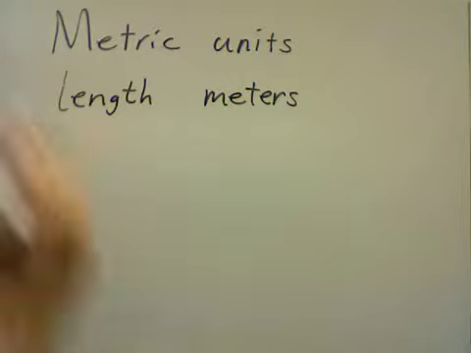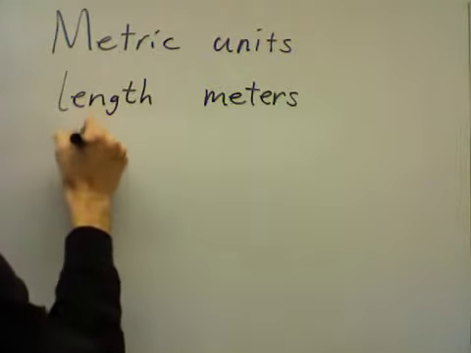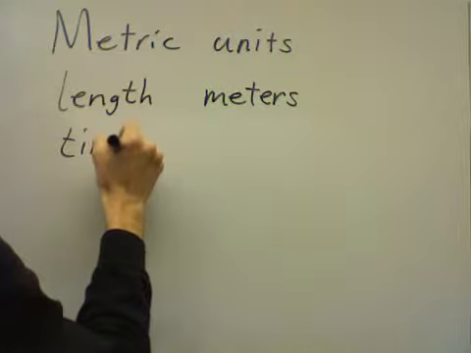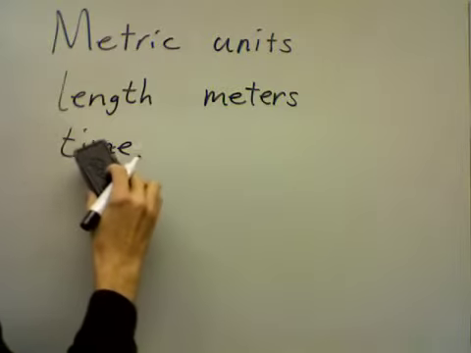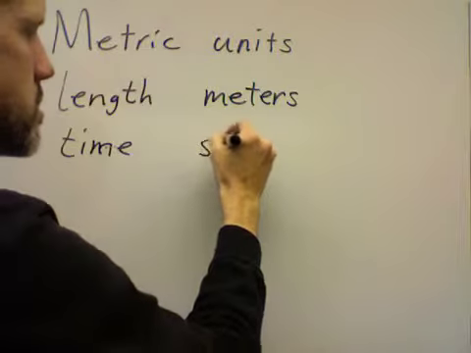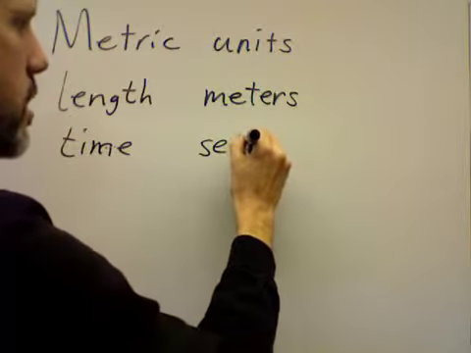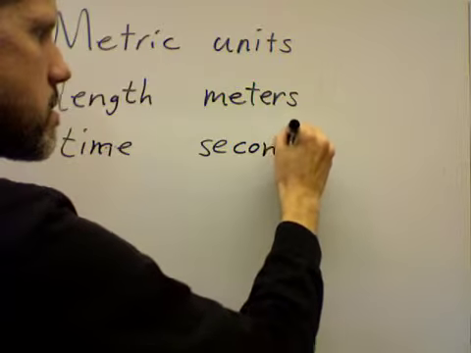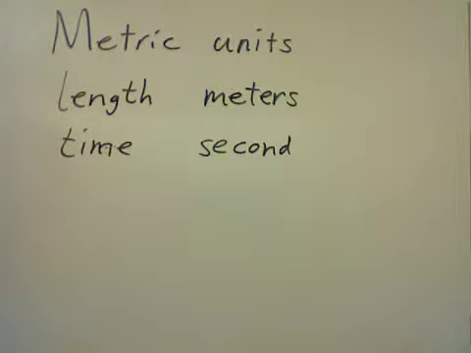Now when you measure, there's another important measure which is in the metric system, which we also use in our system as well, which is time. And the basic metric unit of time is the second, and you know how long a second is. Now there are some other units which are derived from this, and I want to describe how that works.